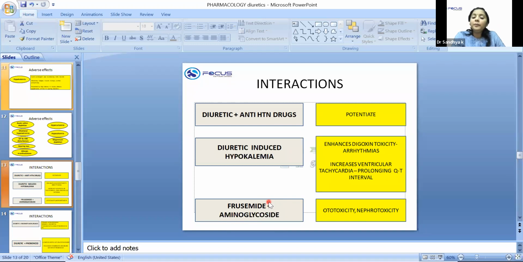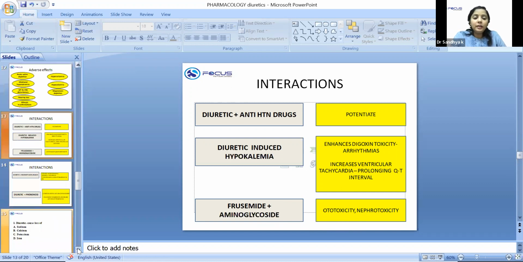So if a patient is on furosemide, never administer an aminoglycoside antibiotic to that patient, because the effect of ototoxicity will be added on. Both are causing ototoxicity, ear toxicity. So that effect will be added on. Never add furosemide to a patient on aminoglycosides. Another interaction.